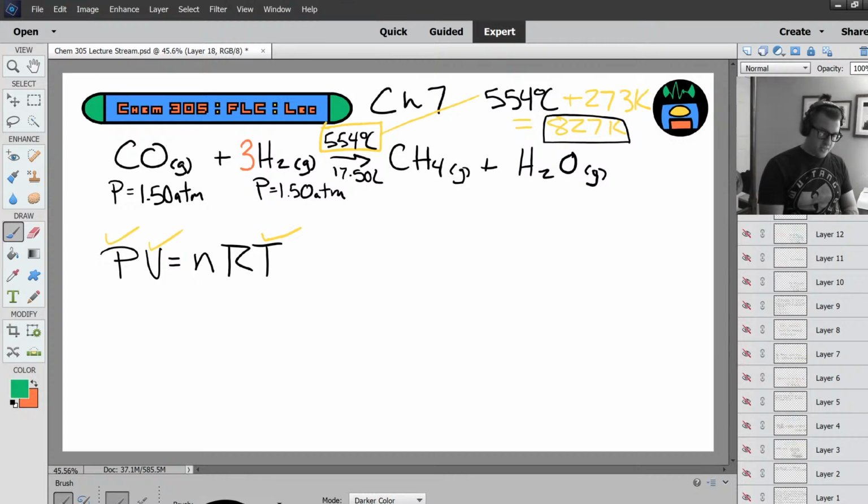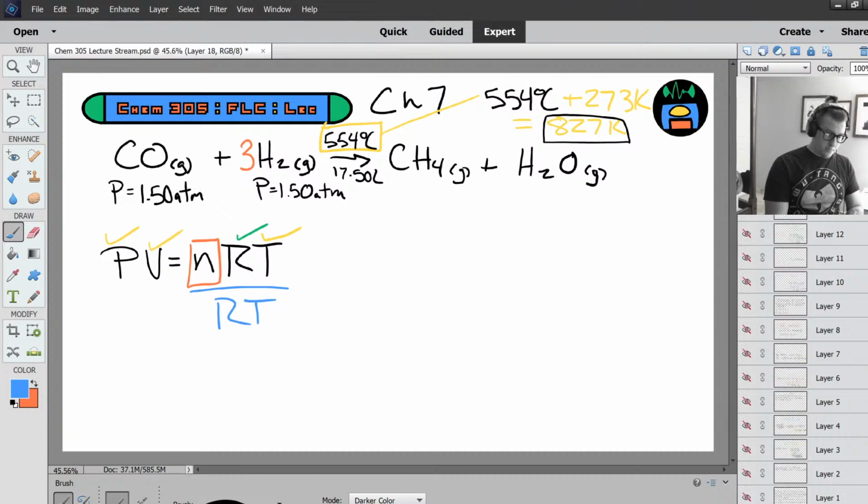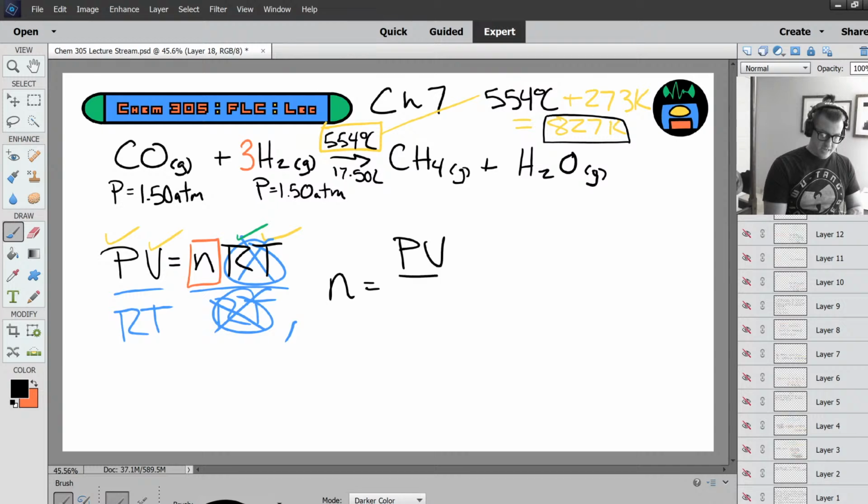We always know what the ideal gas constant is, right? So we can use the ideal gas law to solve for moles. We do this with a little bit of algebra. You divide both sides of this equation by RT, and you get n is equal to PV over RT.